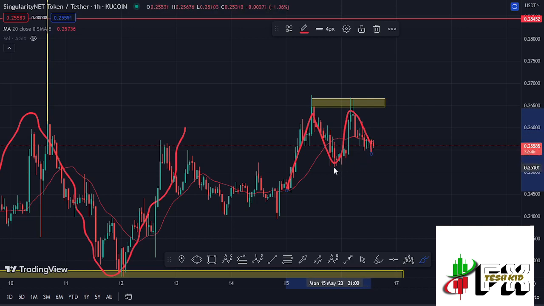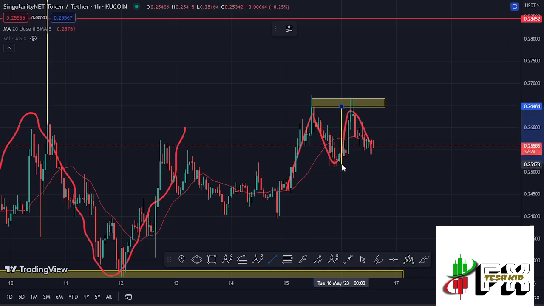There are chances that in case we continue seeing further breakdown and at some point we lose our neckline at around the $0.25101 mark, then there are high chances that AGIX is going to continue seeing further breakdown and break out of this chart pattern to the lower side, whose minimum target area can be given by the height between the tops and the neckline.